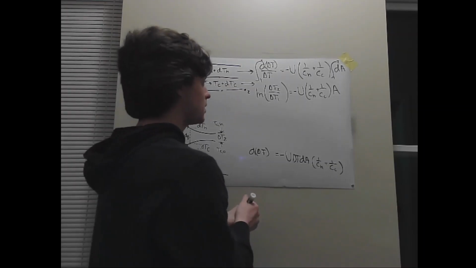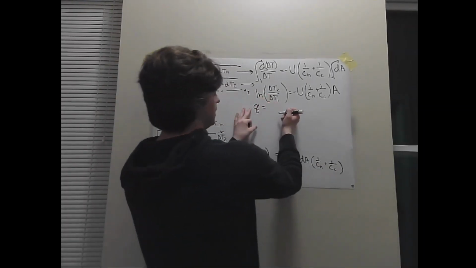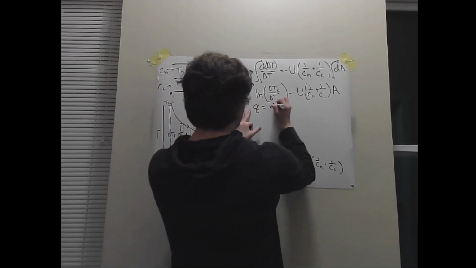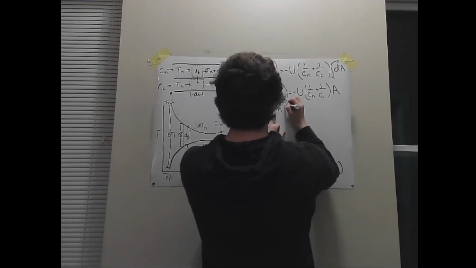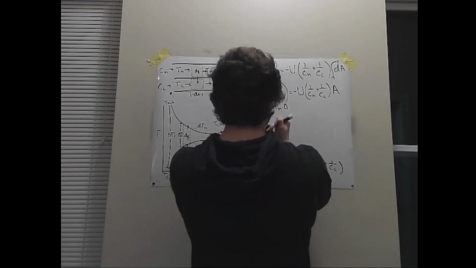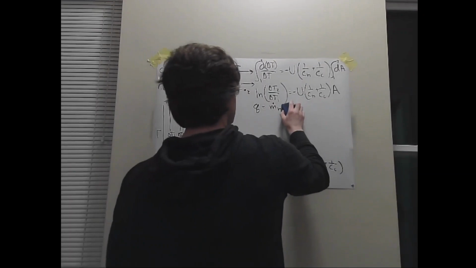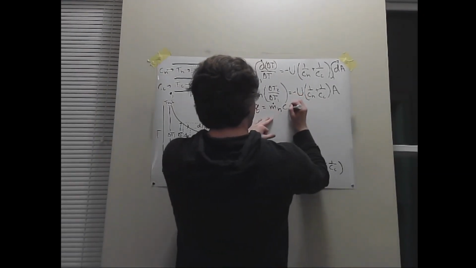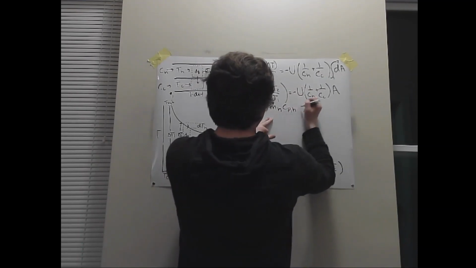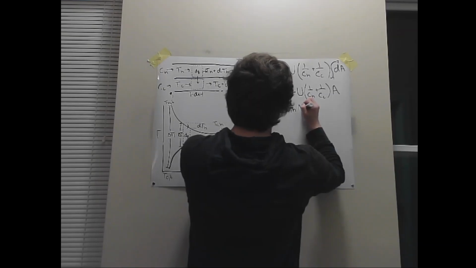So I'm going to define the heat transfer rate, which is just Q, and it's going to equal the mass flow rate for the hot stream, times the specific heat capacity of the hot stream, times the change in temperature.